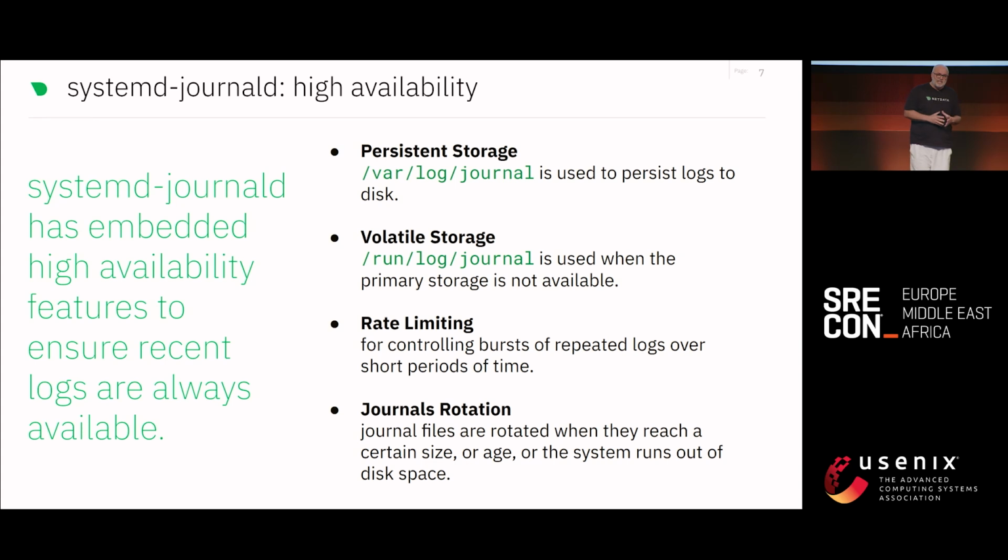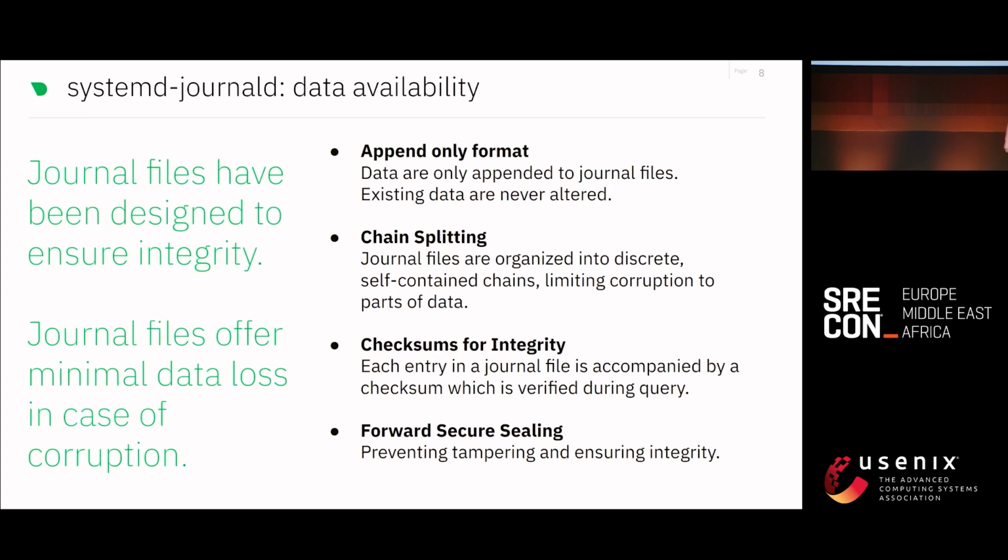It has a rate limiting capability, so if someone starts bombarding the system with the same log again and again and again, it will filter it out. And it handles rotation by itself, so you don't need to care. You can say that you want a certain size or certain days, or even some free disk space: use all the disks, give me this much free at any given time.